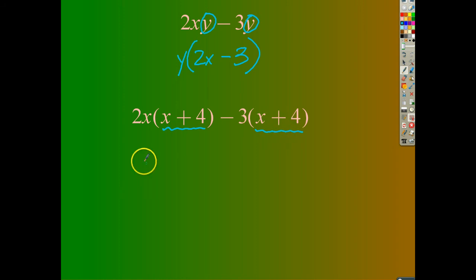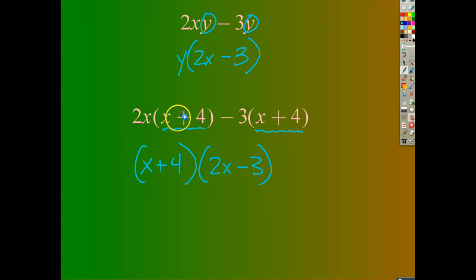So I can take x plus 4 out of both of them, and I'm left with 2x minus 3. It's just another way of looking at these factors to make it easier when you are finding common factors.